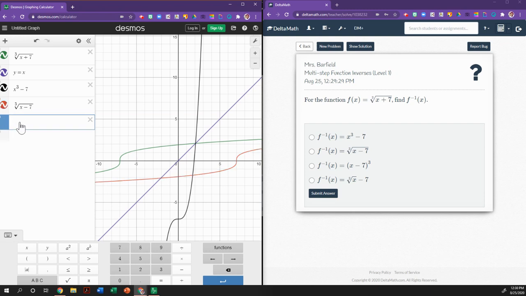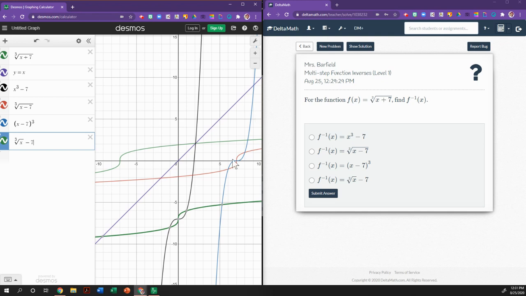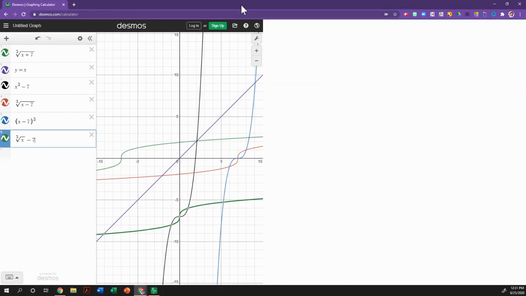Now I'm going to type in parentheses x minus 7 exponent to the third. And then I'm going to do that cube root. So functions. So I've got a 3 here. Underneath the radical is an x, and then outside the radical is minus 7. All right, so one of these is my answer. So let's make this a big screen.